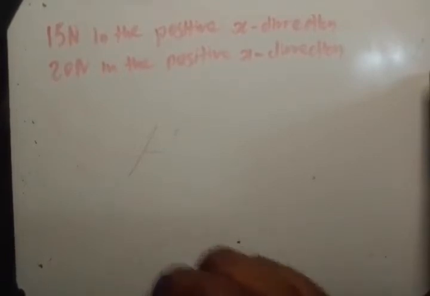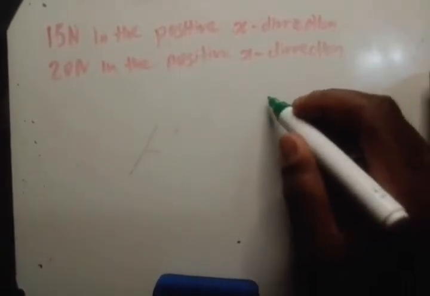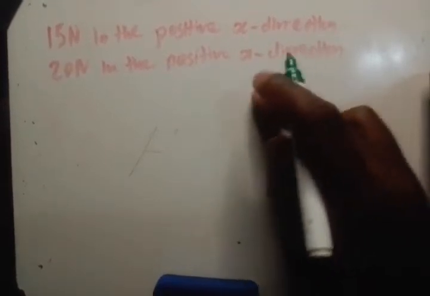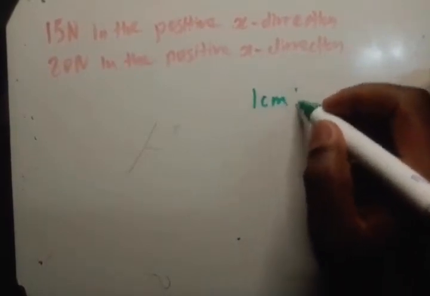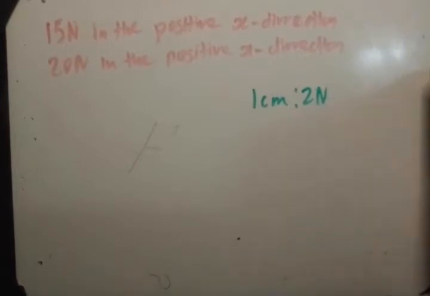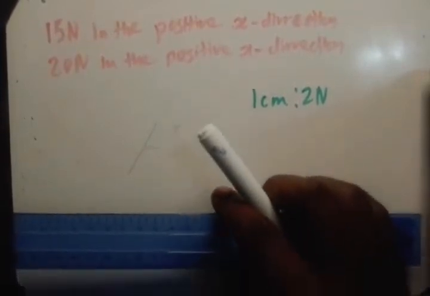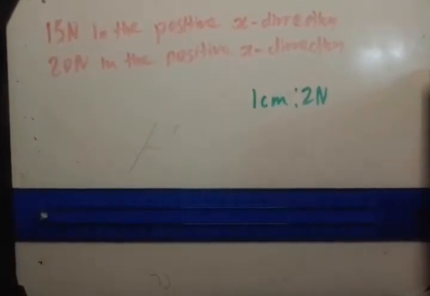We first have to start with a scale. We always have to use a scale to represent. So let's say I'm choosing 1 centimeter to represent 2 newtons. In this case, if this is 15 newtons and 1 centimeter represents 2 newtons, I would have to draw an arrow of length 7.5 centimeters, because 1 centimeter represents 2 newtons.